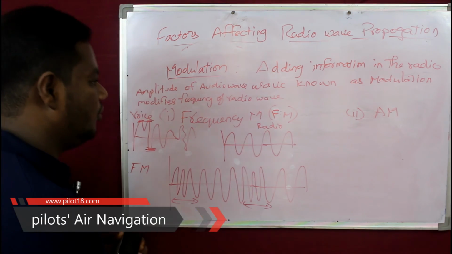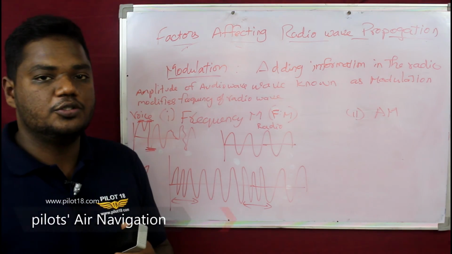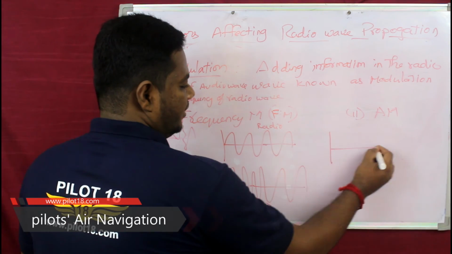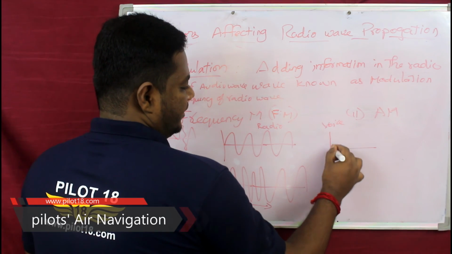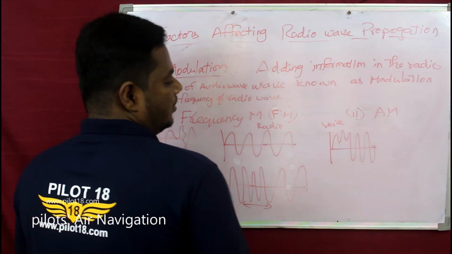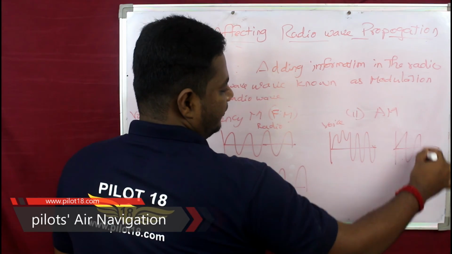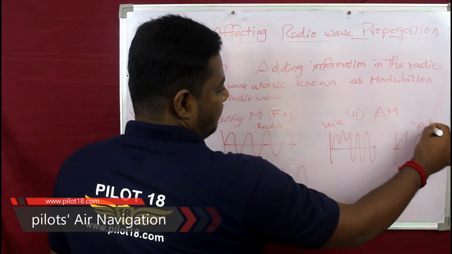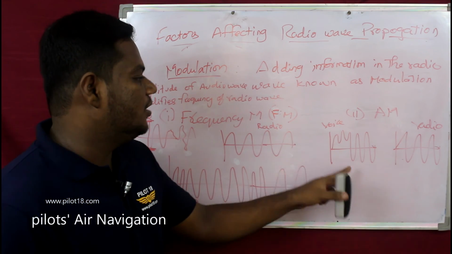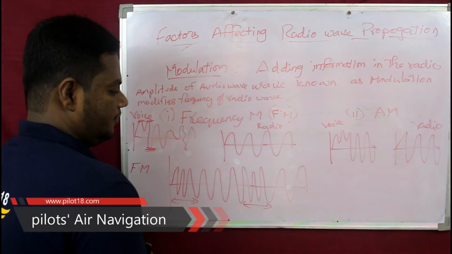Next is amplitude modulation. It's very simple. Amplitude of audio waves modifies the amplitude of radio wave. So if this is my voice, it can be like this, like this, or anyways like this. And now this is the radio wave. So now look at the amplitude of my voice. My amplitude is going to modify the amplitude of the radio wave.